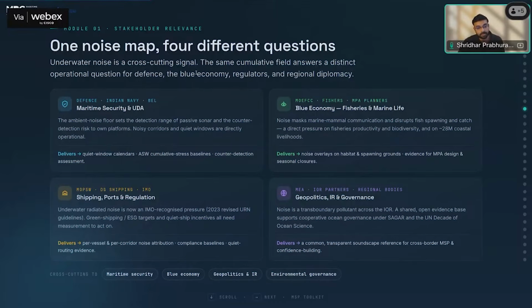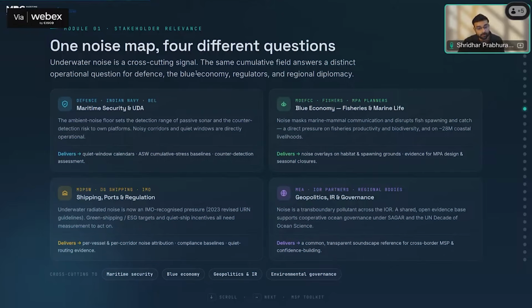If we talk about maritime security and underwater domain awareness, overall, we want to understand the quiet windows across the calendar, which are the areas that experience lesser noise as compared to areas having higher noise, for ASW operations. Or for passive sonar simulation, when we talk about signal to noise ratio, the baseline of the noise element essentially comes from the shipping noise map, because that's the dominant range at a particular frequency.